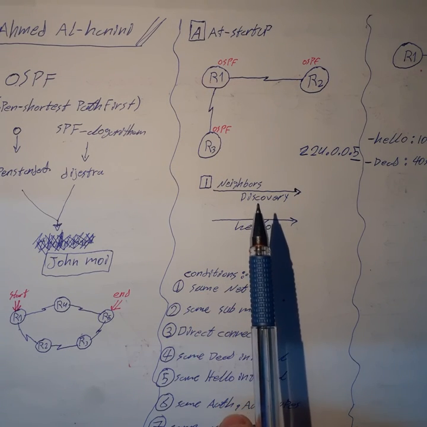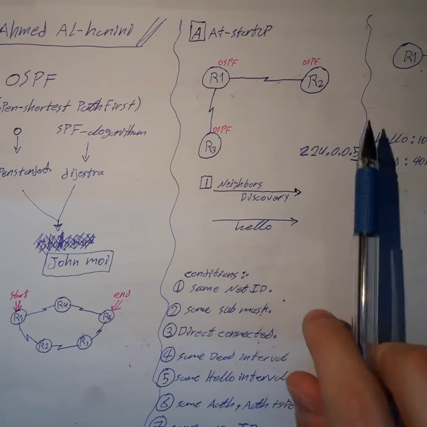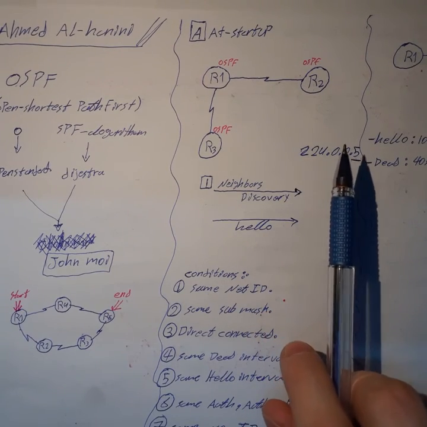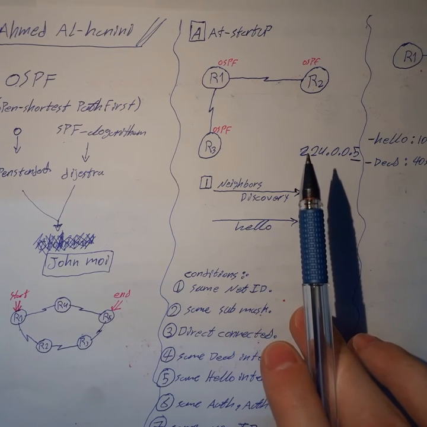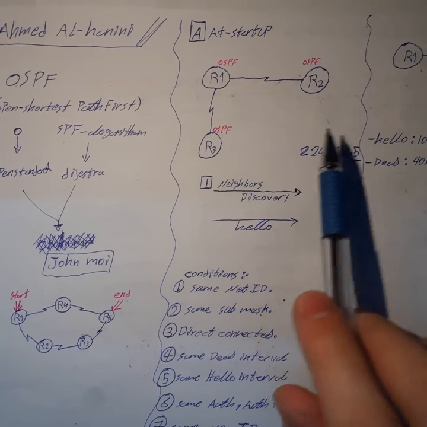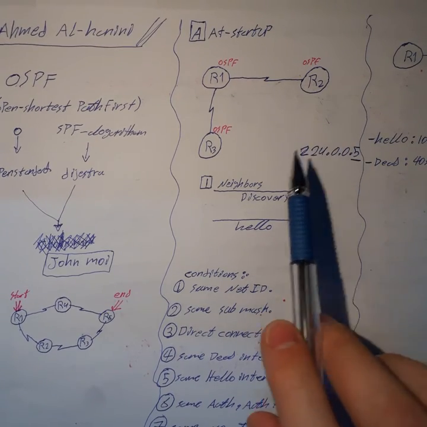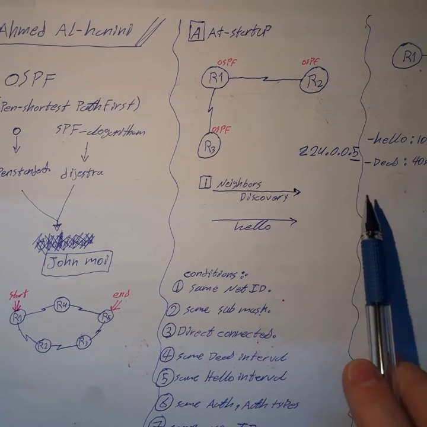When router 2 receives it, router 2 reads the information and compares what it has in this hello message with its own information to check some conditions. These conditions must be the same on both routers.